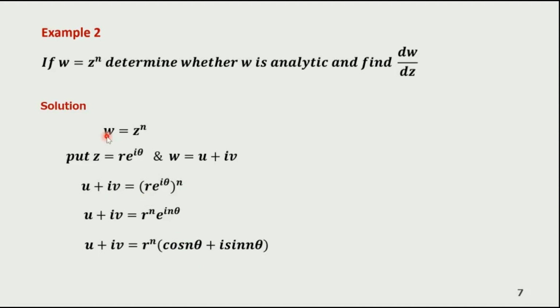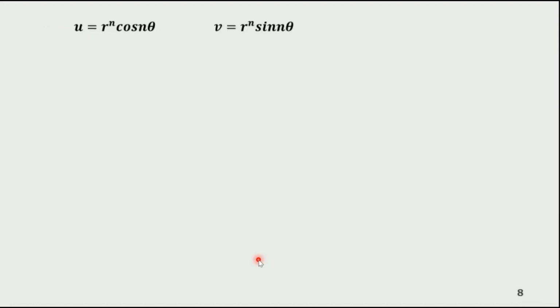So we have written W as U plus IV, Z is R e raised to I theta whole raised to N. इसको separate किया है और e raised to I theta का cos theta plus I sin theta use किया है. Okay, now equate real and imaginary part. So we will have U is equal to R raised to N cos N theta and V is equal to R raised to N sin N theta. Equating real and imaginary parts.